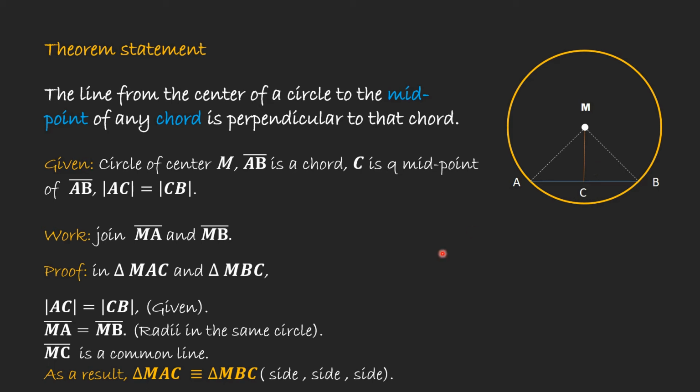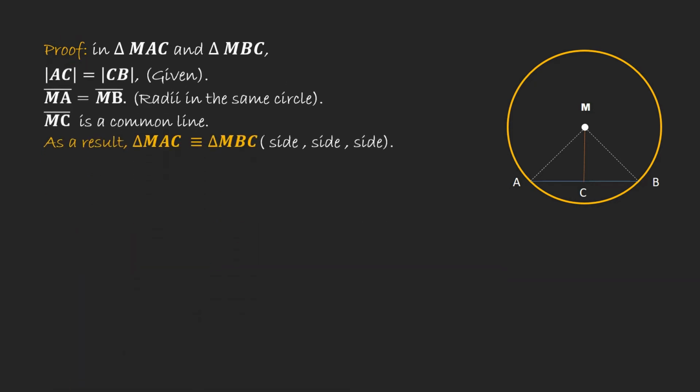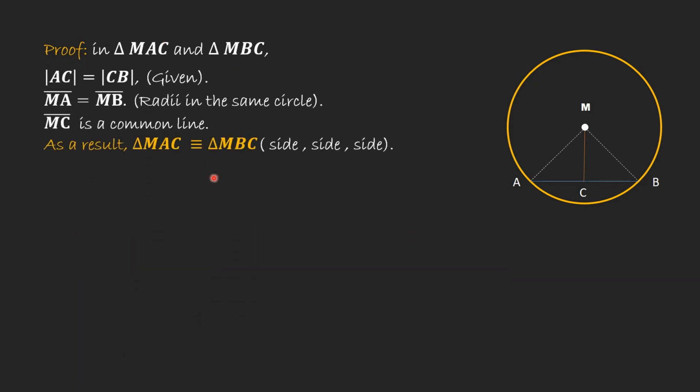Because we proved them by sides, we say that the triangle MAC is congruent to the triangle MBC, side, side, side. So this is how far we reached.